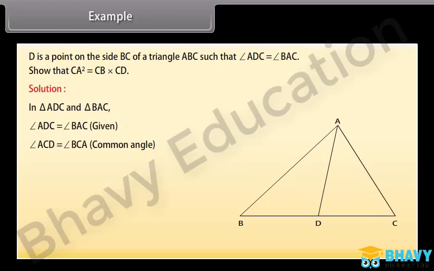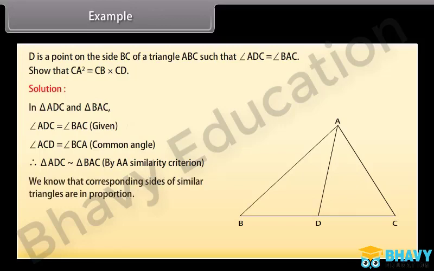Angle ACD equals angle BCA, which is common angle. Therefore, triangle ADC is similar to triangle BAC by AA Similarity Criterion. We know that corresponding sides of similar triangles are in proportion. Therefore, CA upon CB equals CD upon CA, which implies CA square equals CB into CD.